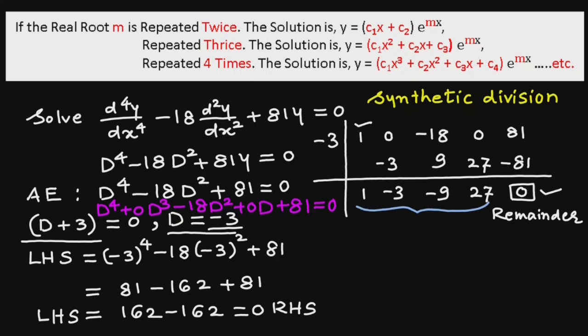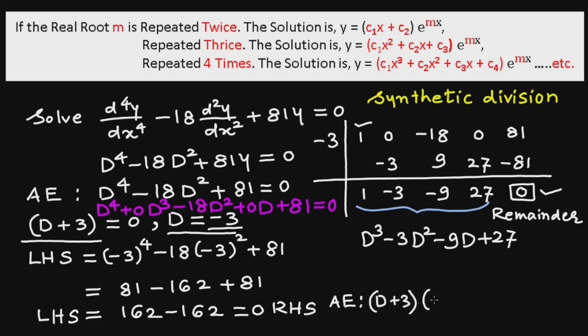From these coefficients, the cubic factor will be D cube minus 3D square minus 9D plus 27. So the auxiliary equation is D plus 3 into D cube minus 3D square minus 9D plus 27 equals 0. This cubic polynomial can be further factorized.